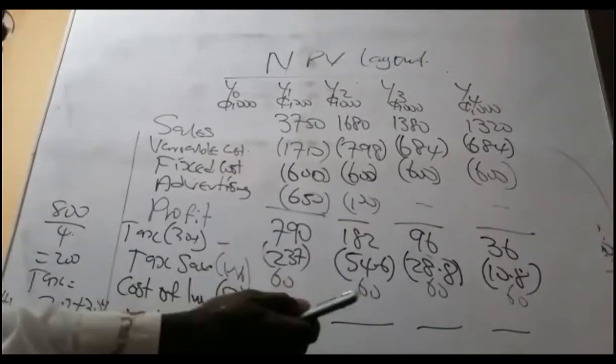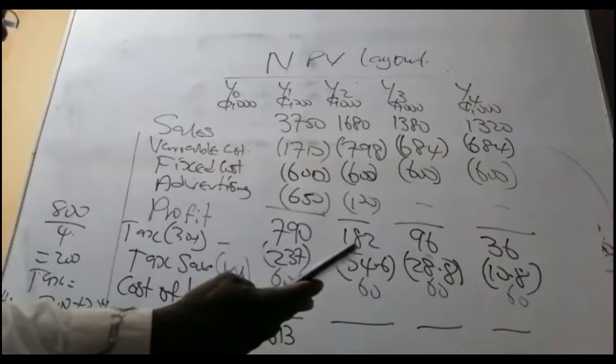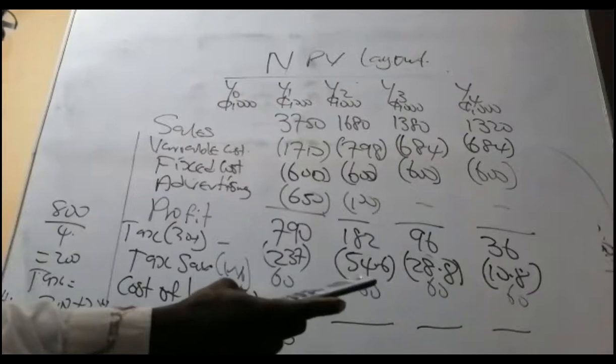Second year will be 182 less 54.6 plus 60.